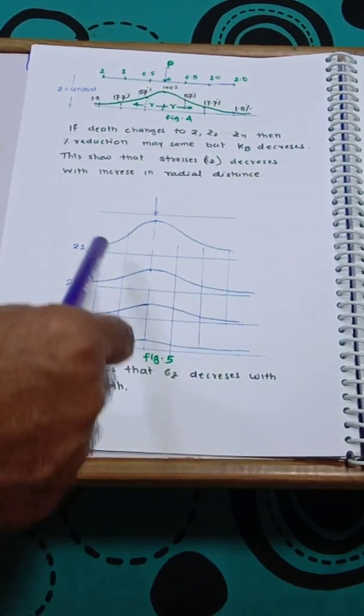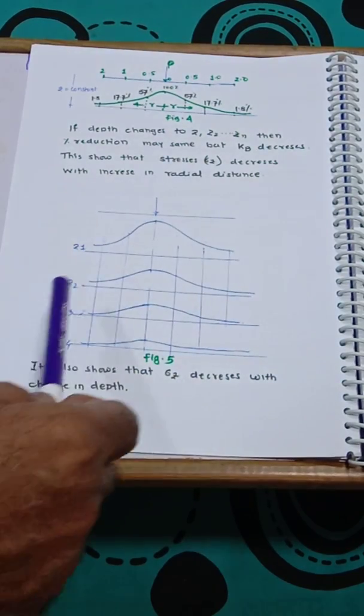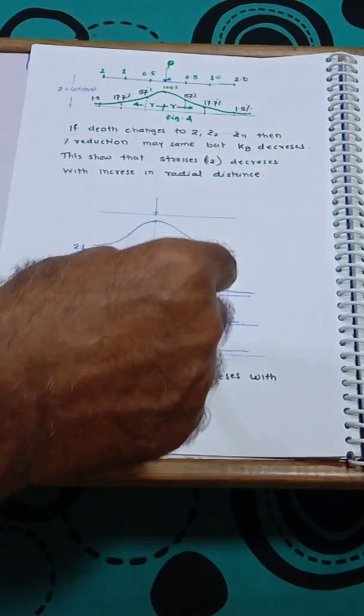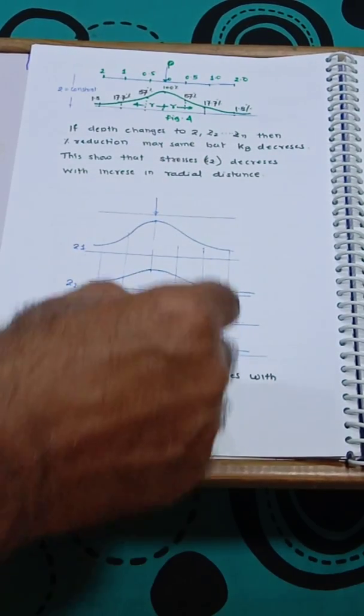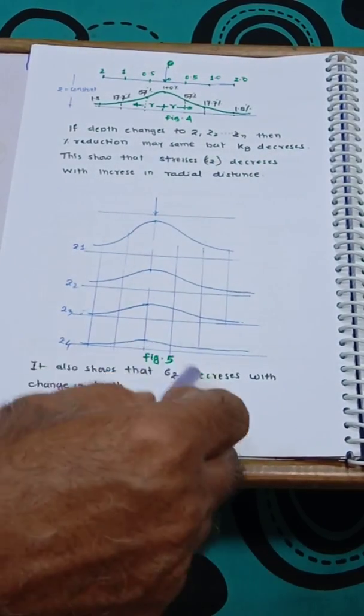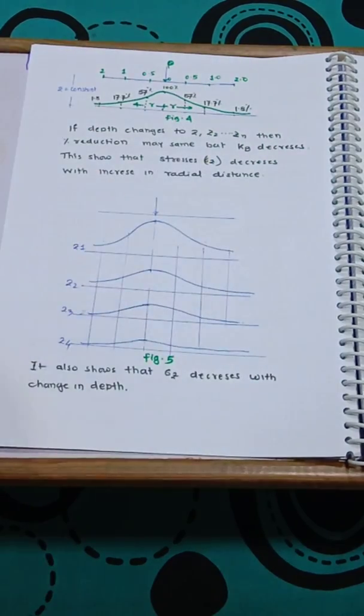This shows that this distribution is maximum at the top and decreases as the depth increases. So this diagram can be plotted at different depths.